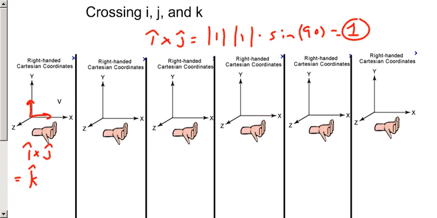So it makes sense that the magnitude is 1, and the magnitude of K we know is 1.